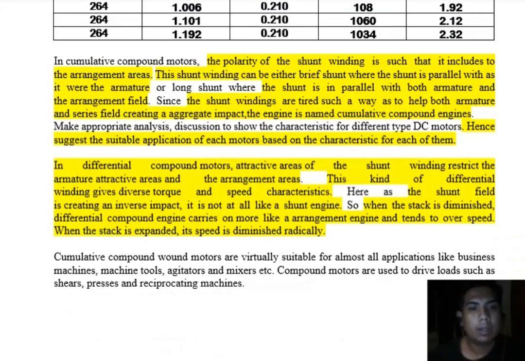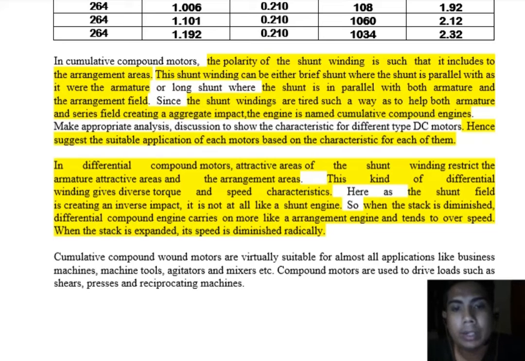Okay, so in a cumulative compound motor, the polarity of the shunt winding is such that it aids the series field. This shunt winding can be either short shunt, where the shunt is in parallel with the armature, or long shunt, where the shunt is in parallel with both the armature and the series field.